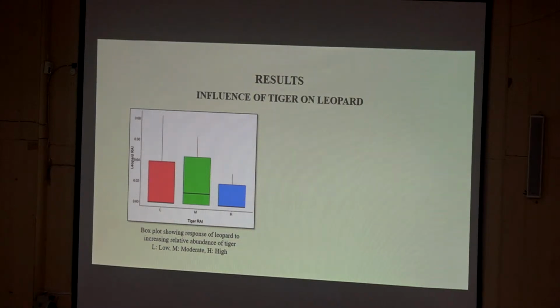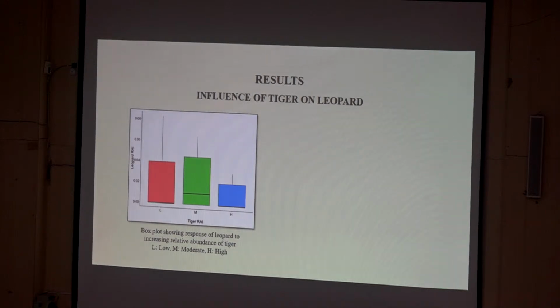It was observed that with low tiger RAI values, the RAI for leopards is also low. However, this may be due to these camera traps being located in areas with low availability of prey, and hence this serves as an artifact in observation of this particular pattern.